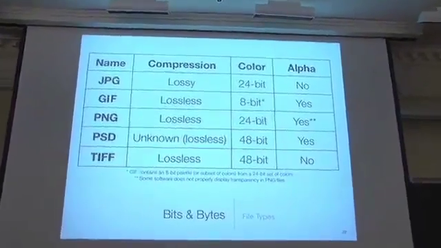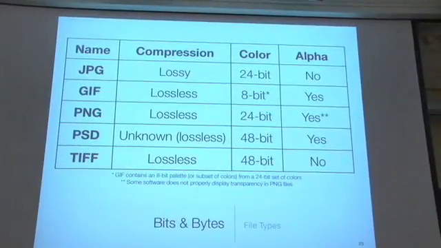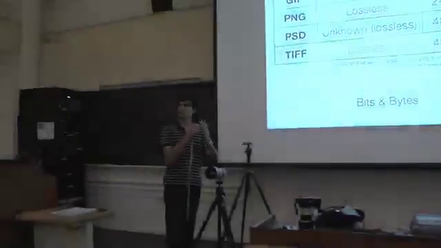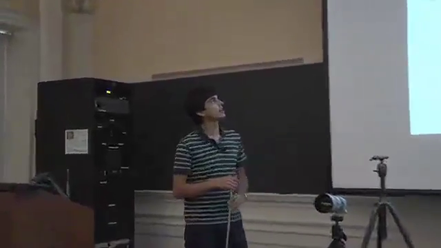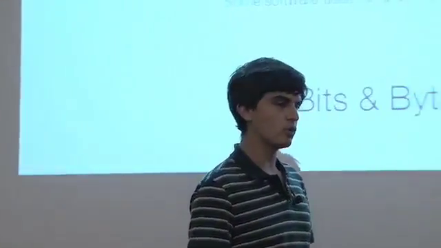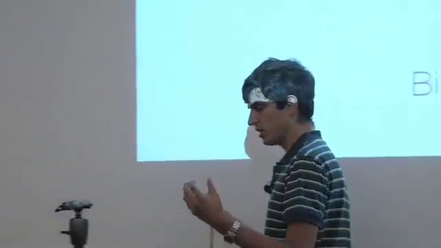So GIF, I talked about before with that run length encoding, where we saw the flags and we were able to compress those flags down to a very small size. That is a lossless compression, but the problem with that is that the color is only 8-bit. Though there's a little bit of a trick here, though the color you can actually choose from 24 bits worth of color, you can imagine it like a painter's palette.